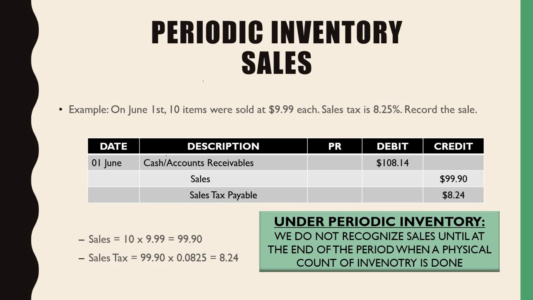All right. Now here we have to understand that under periodic inventory, because we talked about understanding how sales affect your inventory, in this case, when we're dealing with periodic inventory, when do we actually record the sales?